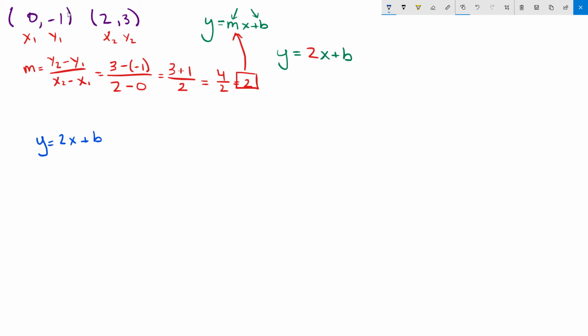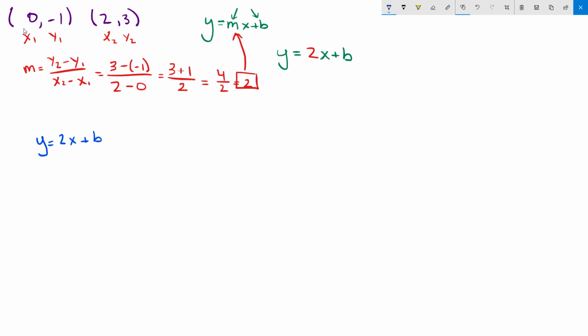Now, up here you're going to choose between these two. It's really up to you whichever one you want to use. So you can choose (0, -1), or you can choose (2, 3). Either way, it will give you the same exact equation, okay? So, I'm going to choose this one just because it has a 0 in it, and usually that makes things easier, so I will do that.